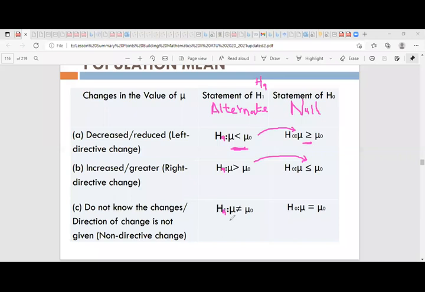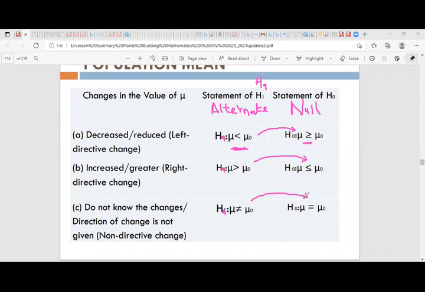If the manufacturer claims that the average is not equal to, it means it can be less than or greater than, but not equal to a certain specification. Good. When the manufacturer claims that, then the opposite statement will be what?